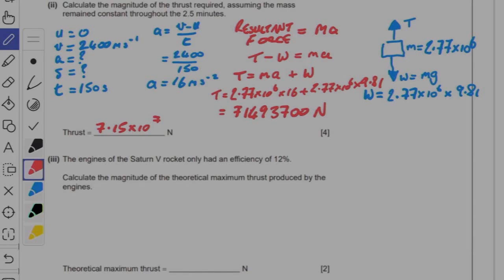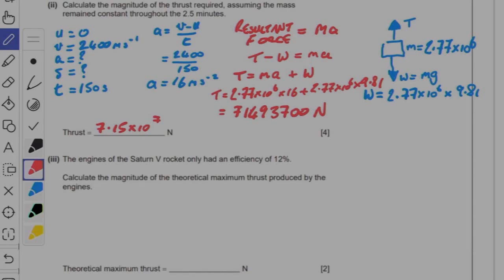So part 2 says that the engines of Saturn V only had an efficiency of 12%. Calculate the magnitude of the theoretical maximum thrust produced by the engines. So what we're saying is that this value we've got is 12% of the maximum thrust.